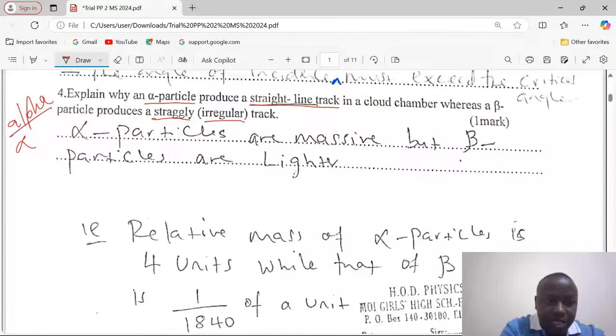We are being told that alpha particles are massive. They are heavier, but beta particles are lighter.